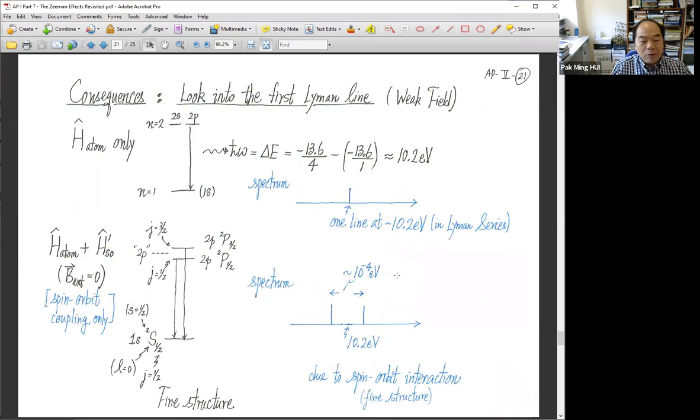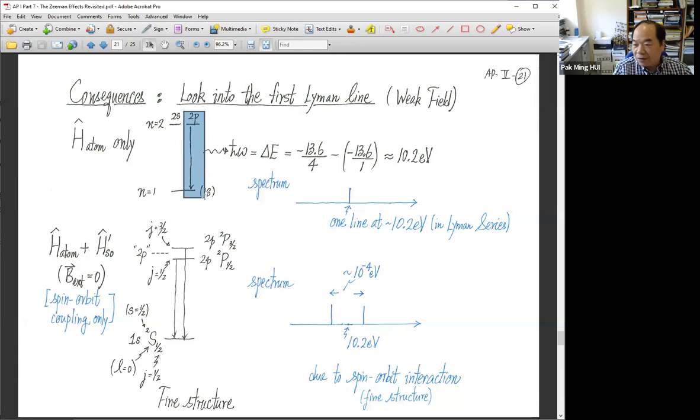So now we can understand why we have this funny, enormous Zeeman effect. Again, we look at our favorite hydrogen atom spectrum. This is the first Lyman line. Without anything, it is the line from 2p to 1s.